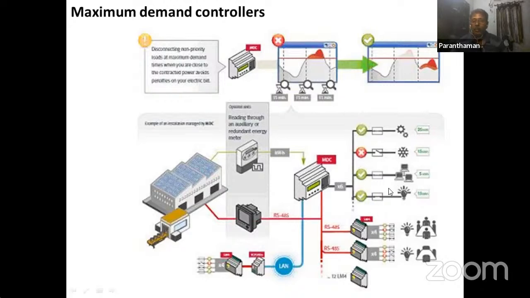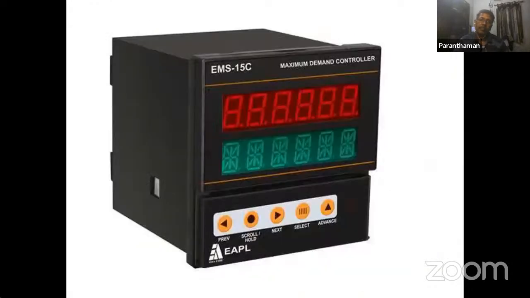Who decides what is unimportant? The consumer has to decide and connect it to the particular terminal, so as to switch it off when the maximum demand reaches the threshold limit. This is available in the market.